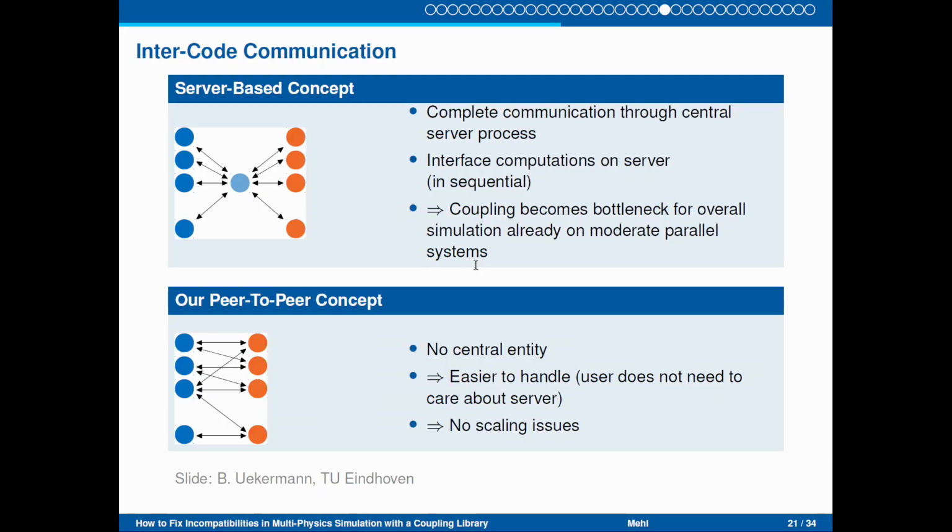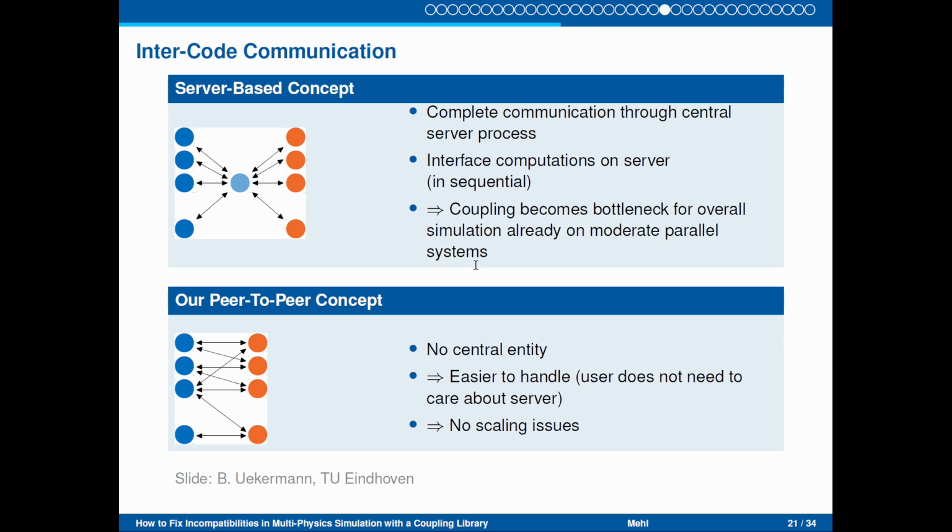At the top, you see what some commercial solvers or commercial coupling tools still do. You just take two parallel codes and all their processes send their data to one server process, one server rank, and then it's distributed again to the other side.